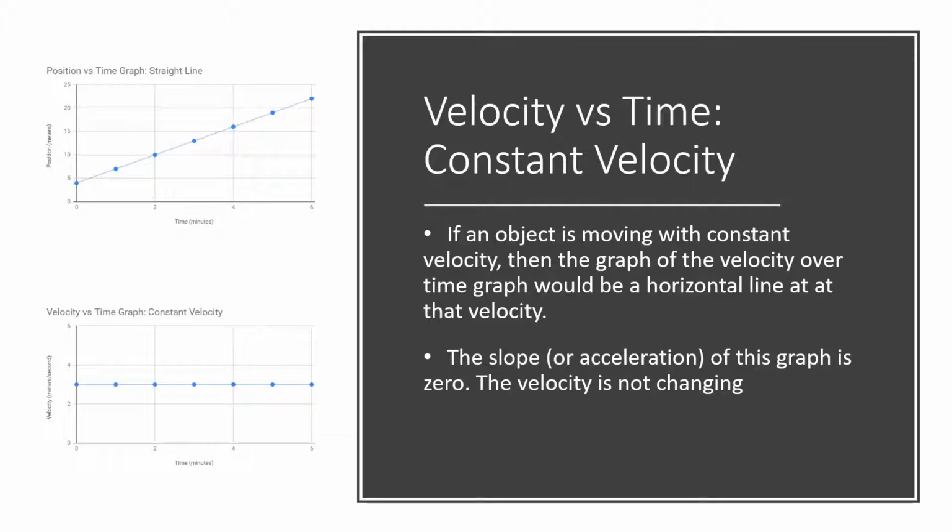That means that the velocity is not accelerating. Velocity is not changing, which makes total sense because the velocity is constant. So once again, we have meters per minute, or meters per minute squared in this case, and we are not accelerating. There's no slope for the second graph. The slope's 0.